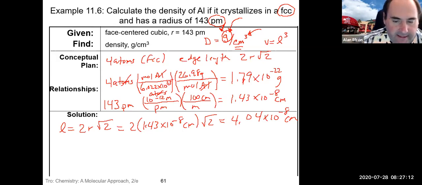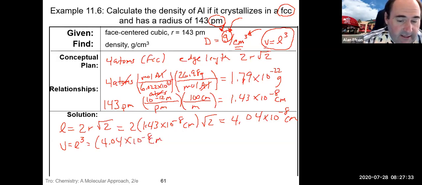Now, this is not the volume though. This is just the length. So remember that we then need to convert our length into a volume. So the volume would equal the length cubed, which means I would take 4.04 times 10 to the minus 8 centimeters and cube it.